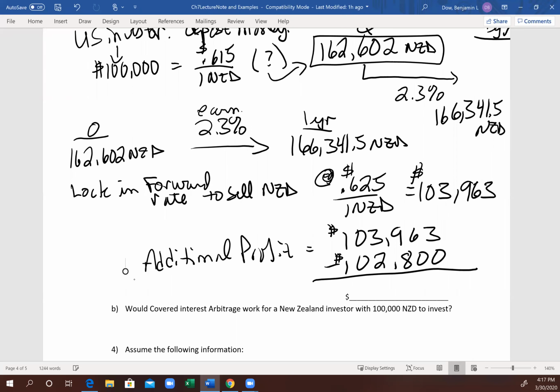So if we take this minus 102,800, then we end up with basically a profit of 1,163.